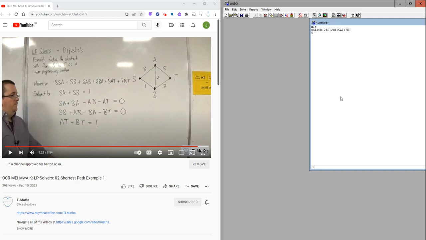Then ST for subject to. On the next line, SA plus SB is 1. SA plus BA, take away AB, take away AT, is 0. SB plus AB, take away BA, take away BT, equals 0. AT plus BT equals 1. So you type in the objective function and the constraints as you see them, and then we can go up to solve.